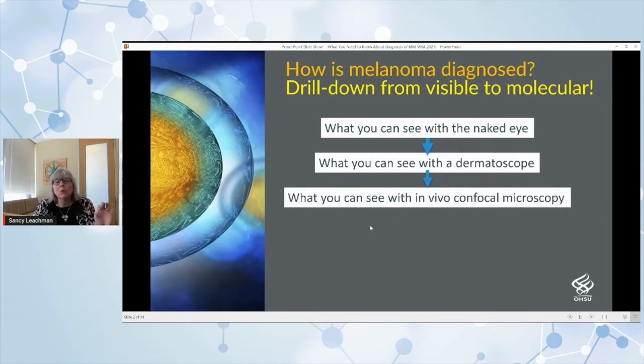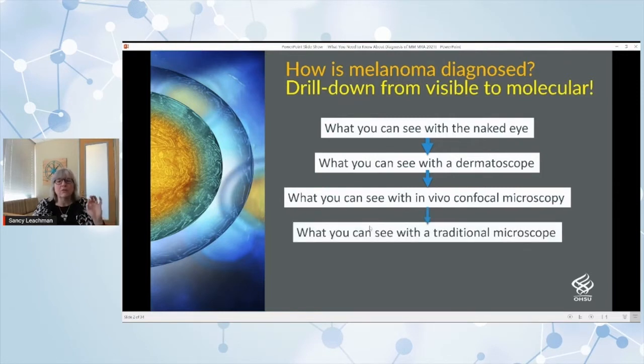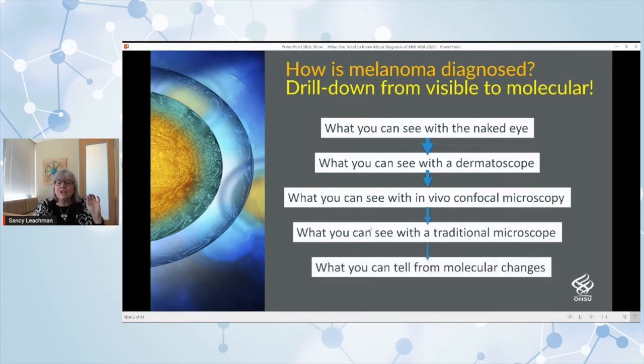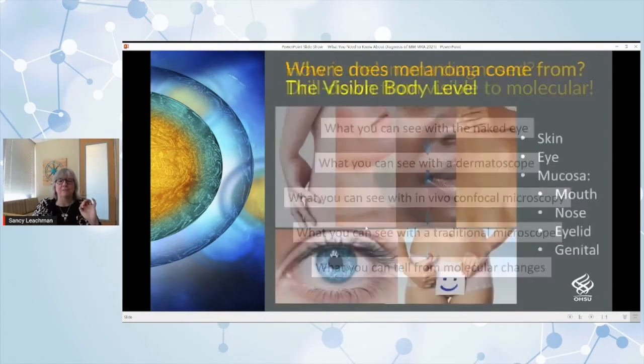You can see more with in vivo confocal microscopy, which I'll talk a little bit more about. Don't worry that you don't know what that is yet. You can see more with a traditional microscope looking at the biopsy. And you can tell more from molecular changes that have happened in the tumor. So what we're going to do is drill down into all of those areas of information.